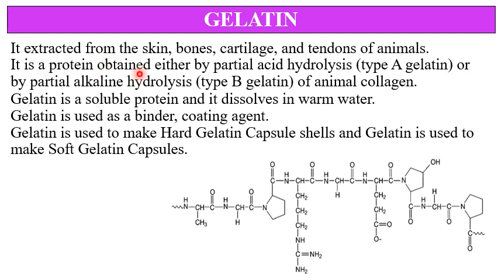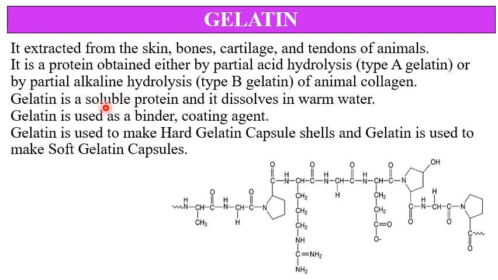It is obtained by either partial acid hydrolysis or alkaline hydrolysis of animal collagen. When there is acid hydrolysis, the gelatin obtained is called type A gelatin, and when there is alkaline or base treated hydrolysis, it is called type B gelatin.